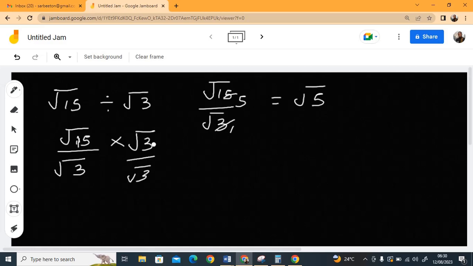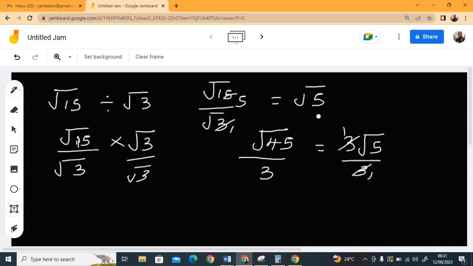Now root 15 times root 3 will give us root 45, as I mentioned earlier, over root 3 times root 3, which I told you gives 3. Now this in basic form is 3 root 5 over 3. You'll understand how I get this as I proceed. Don't be afraid or confused. So 3 here is 1, 3 here is 1. So your answer is still root 5.